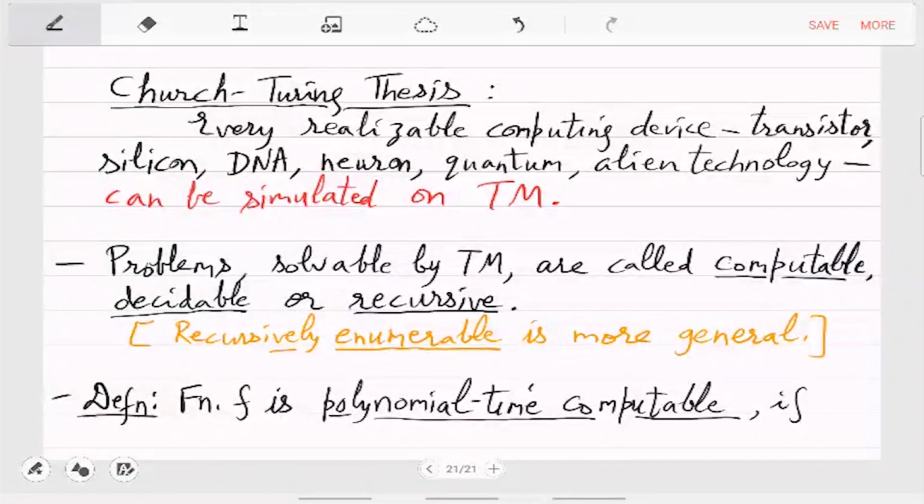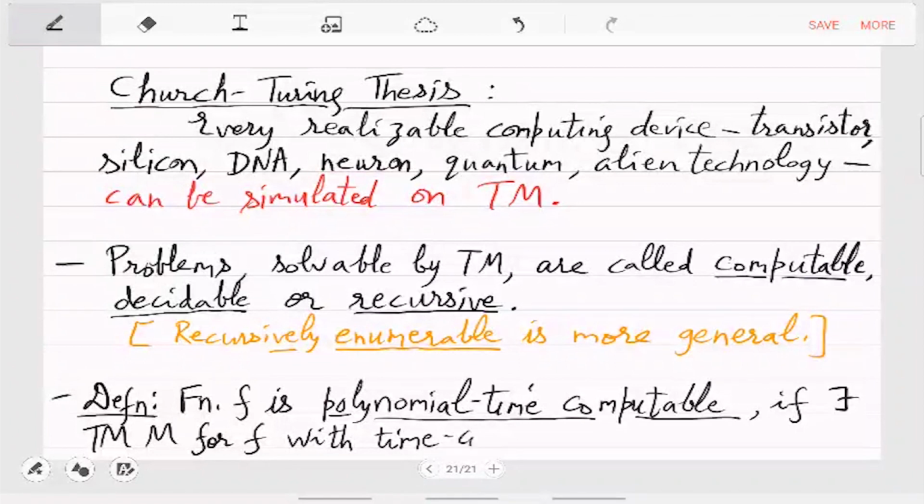And obviously you can define it as if there exists a Turing machine M for f with time complexity T(n), and T(n) has to be a poly function, polynomial in n, so n to the c.